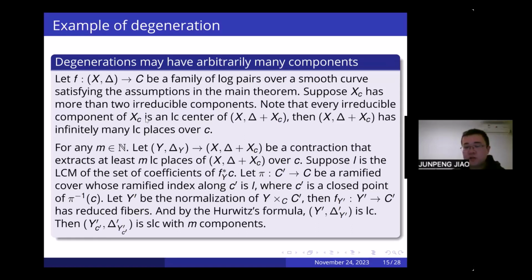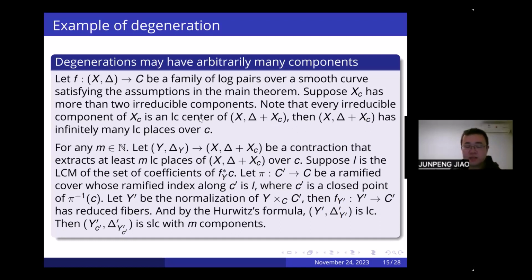Note that every irreducible component of X_c is an LC center of (X, Δ + X_c). Then there are at least 2 LC places contained in the central fiber, and they intersect each other.